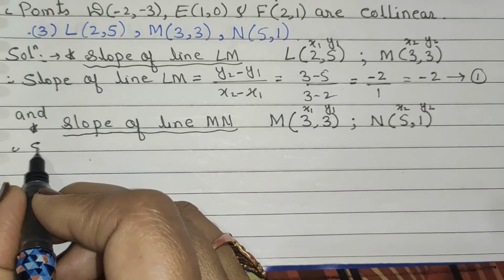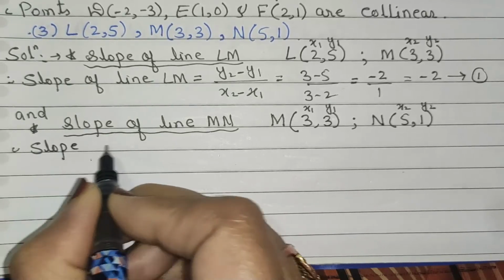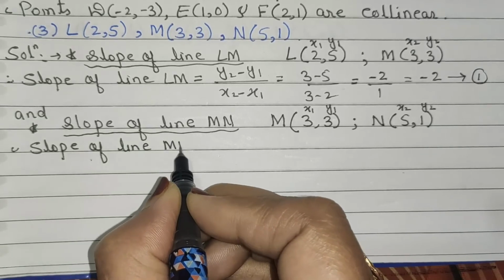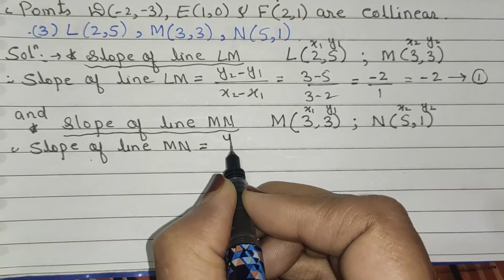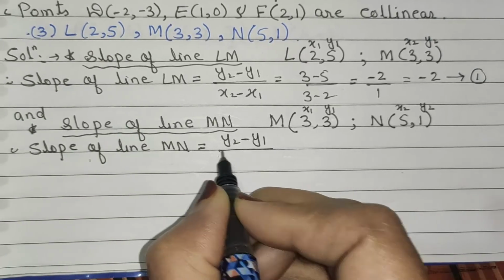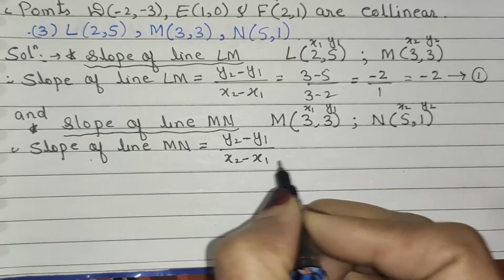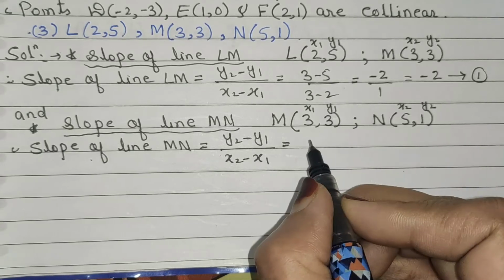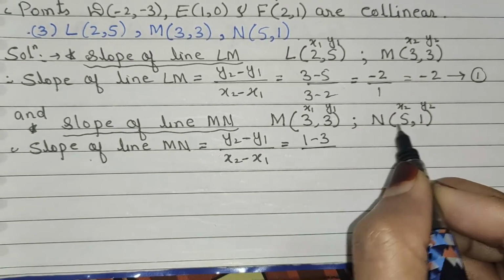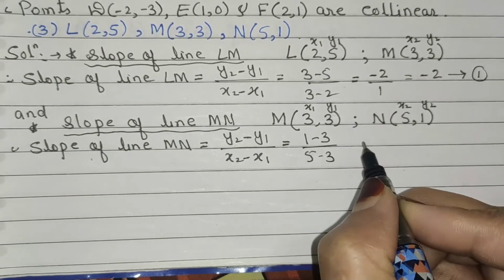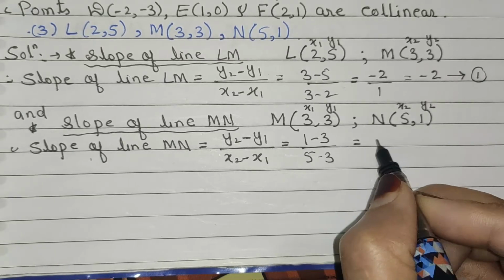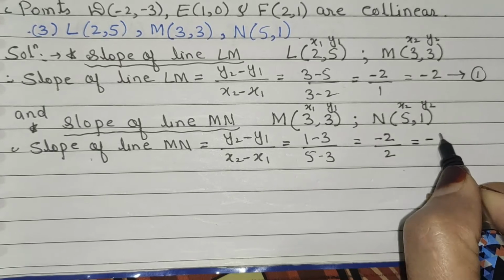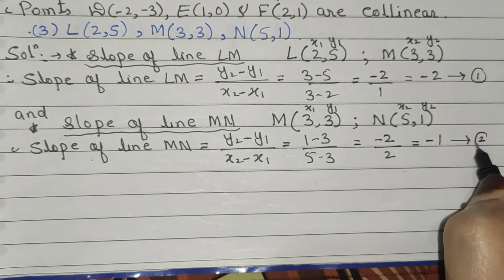Therefore slope of line MN is equal to (y2 minus y1) upon (x2 minus x1) is equal to, substituting the values, we get here (1 minus 3) upon (5 minus 3) is equal to (1 minus 3 means minus 2) upon 2 is equal to minus 1. Give it equation number 2.